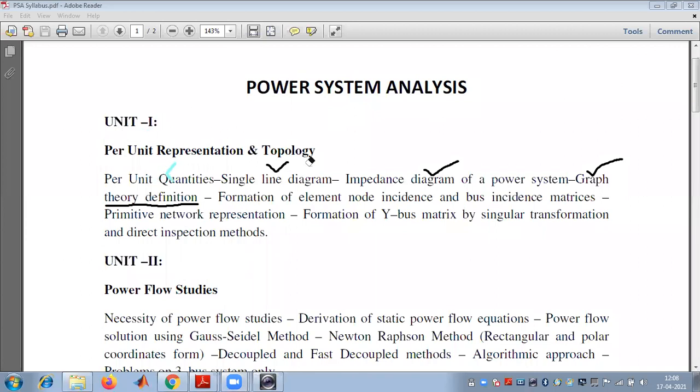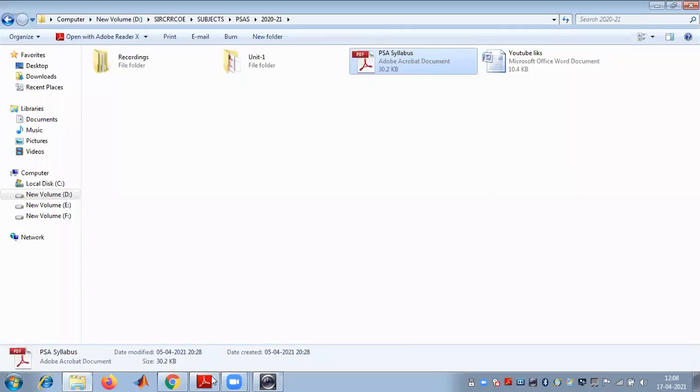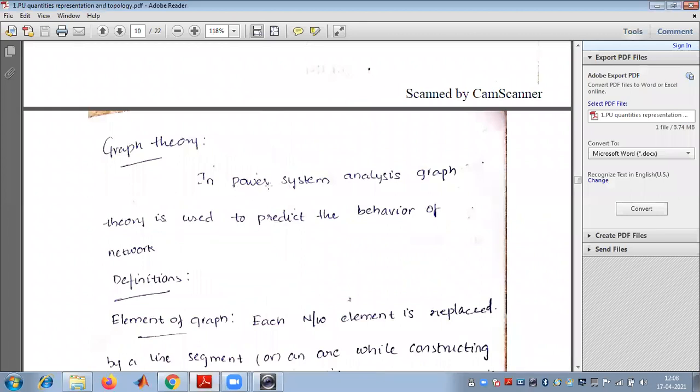Now we are going to start the new topic, that is graph theory definitions. Now you see here, graph theory definition. So what is the necessity of graph theory? Before starting the original definitions, first of all we must know the importance of learning graph theory.